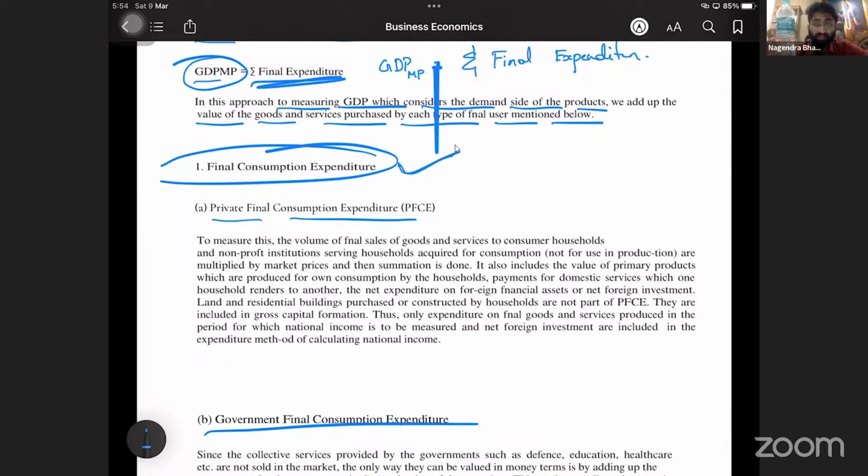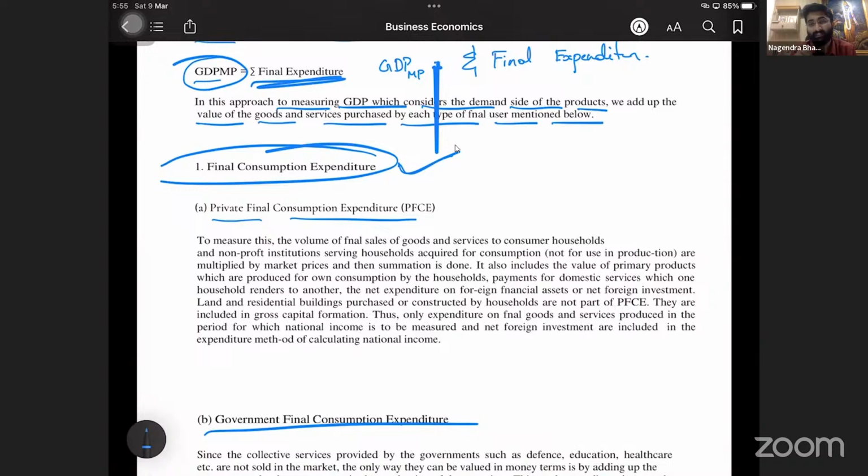But the plastics bought by the company, Aquasure, for making the water bottle, that is not final consumption. That is intermediate consumption. Why? Because they sell that water bottle. They purchase plastic, make the water bottle, fill the water, and sell it. So this is not final consumption expenditure. That is intermediate expenditure.